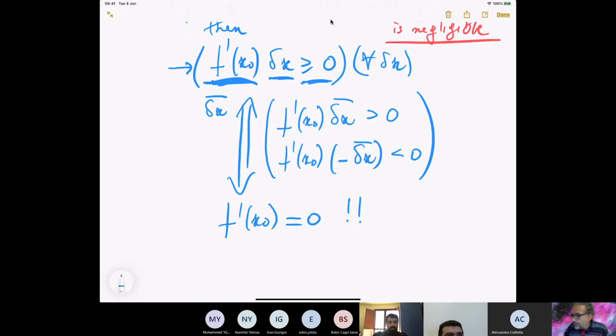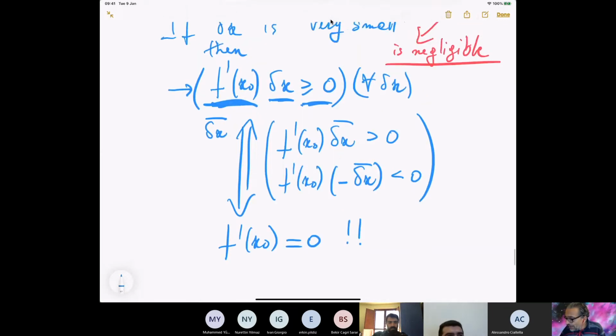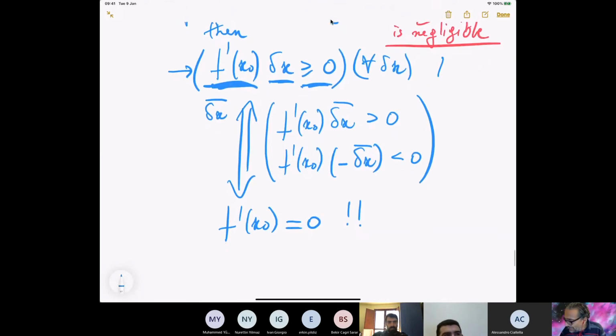So you understand, this reasoning most likely has been invented by Lagrange, or if not by Lagrange, it has been exploited systematically by Lagrange.